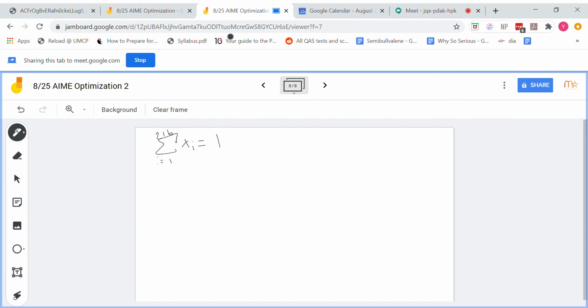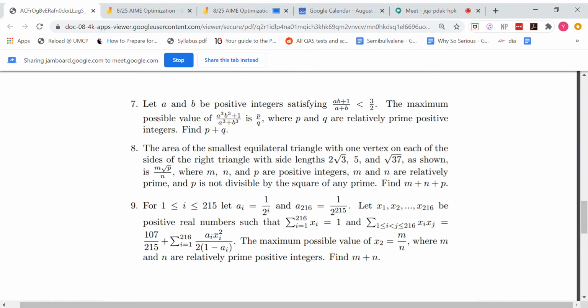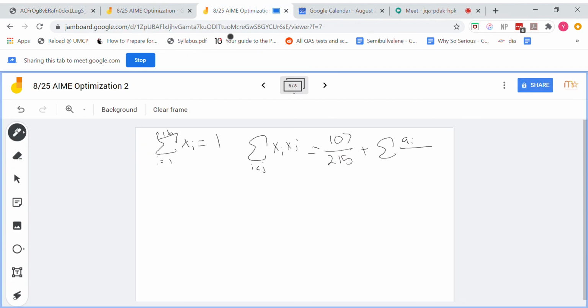And what we're also given is some strange condition: the sum of xi times xj, I less than j, obviously within the bounds, equals 107 over 215, plus the sum of ai over 2 times 1 minus ai, times xi squared. So this is a pretty weird statement. So how might we fix this?